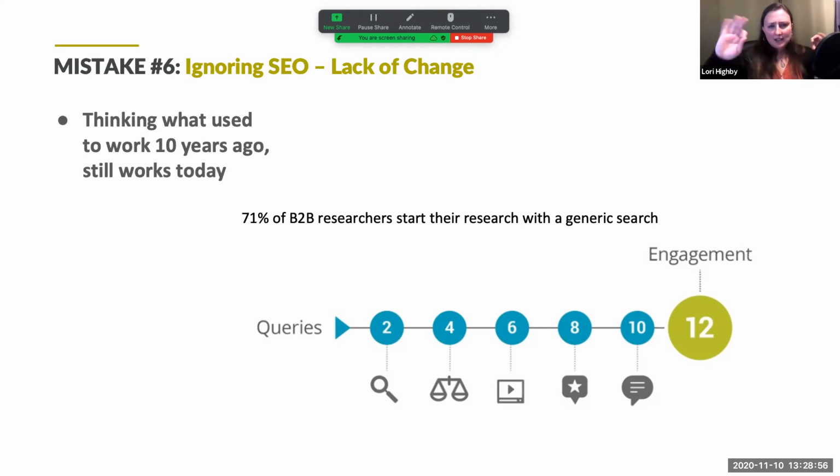The 8 and 10 and 12, 8 and 10 are probably two of the most important ones I would look at. So 8 is we're reading reviews. Why is this important? As consumers, over the last, let's say 8 years now, we've been training ourselves to make buying decisions based on reviews. If you're buying something on Amazon, you look at the star rating and you read the reviews.